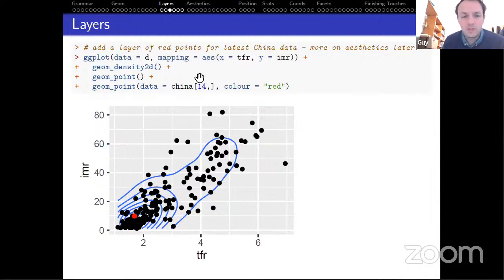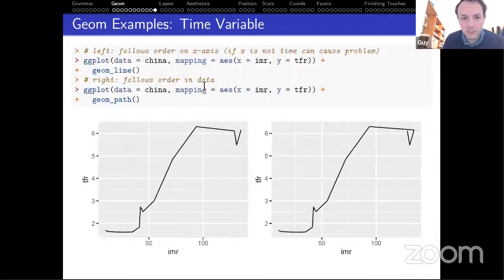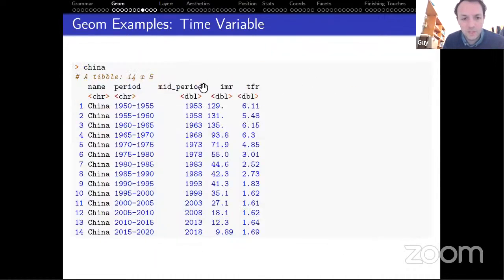And if we want to highlight a specific point or use a separate data set or a separate mapping, then we can do that within the geom function itself. So in this one, I add a third layer, but rather than using the data that we used for the previous two geoms from the whole data set, here I'm just going to use the 14th row of the China data. So let's go back to the China data to remind ourselves. Okay, so the 14th row is just the last observation here.